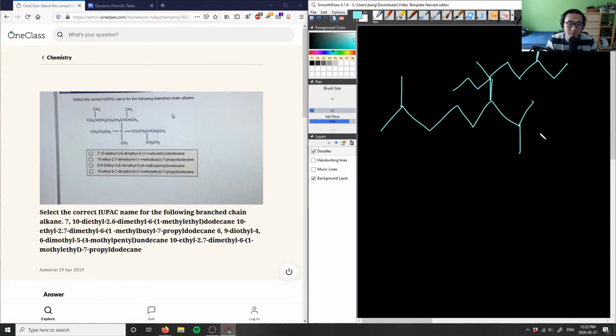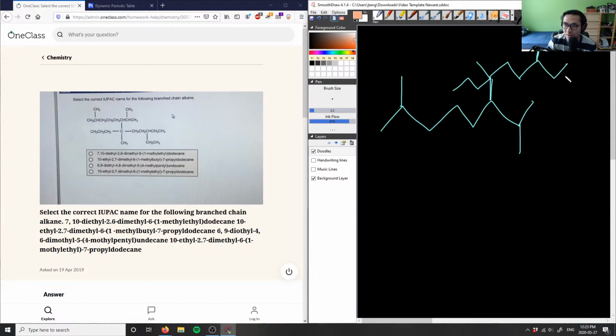So now it's asking us, what is the correct IUPAC name for this? So this here is our line diagram. And we have to figure out where we start counting. Well, it looks pretty daunting to see this at first. So let me look at our side groups here. What we're going to do is minimize those numbers. I see a propyl chain, which is pretty big here.